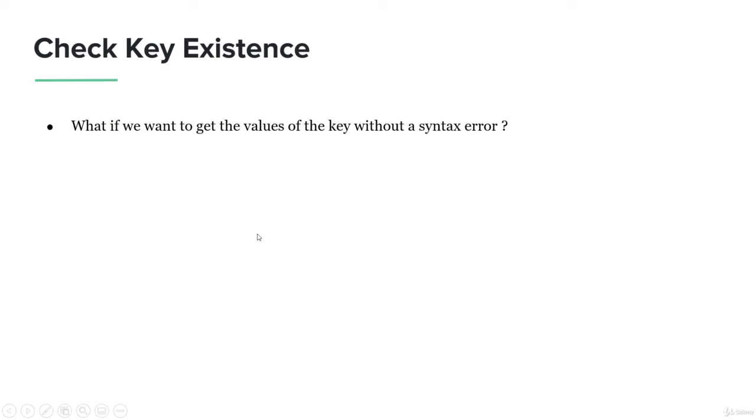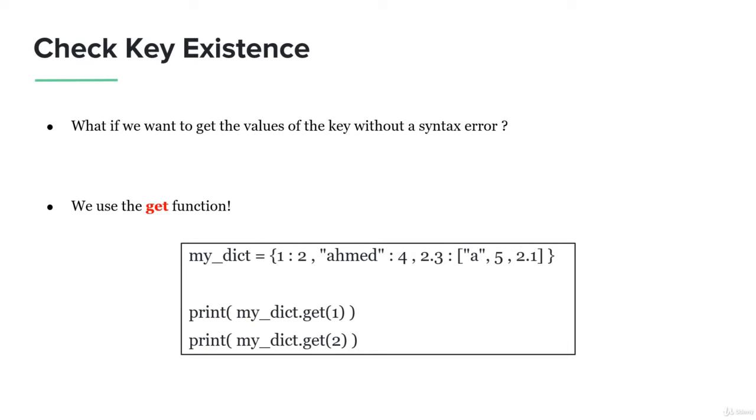Now, what if we want to get the values of a specific key without getting an error? We use the get function, and we will discuss all the functions in dictionaries when we go to the code. But for now, let's understand the most important function, which is the get function. In this case, we have the same dictionary. We access the functions as we said before using the dot operator, right?